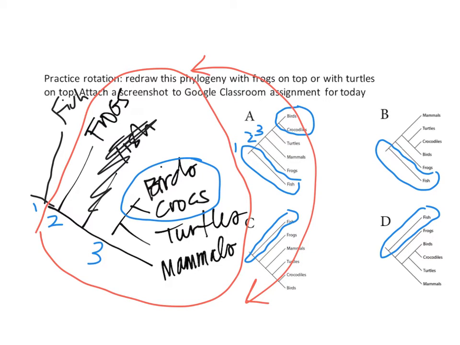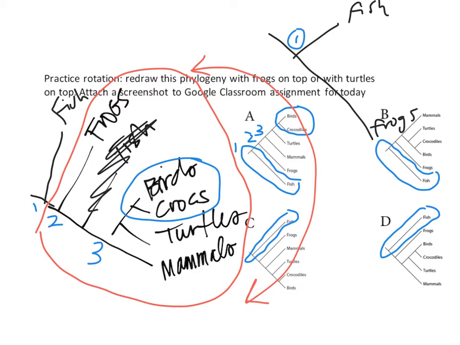So that, in other words, that would look like fish still is the outgroup. Frogs are going to be down at the bottom. So that's, in other words, that's the first branch. Fish separating from the outgroup.